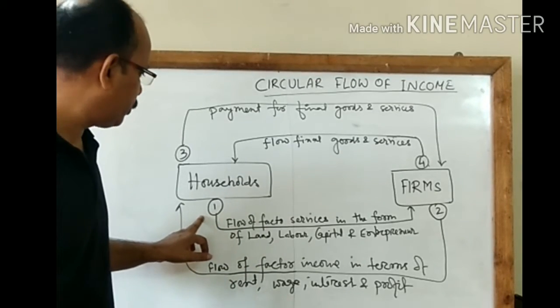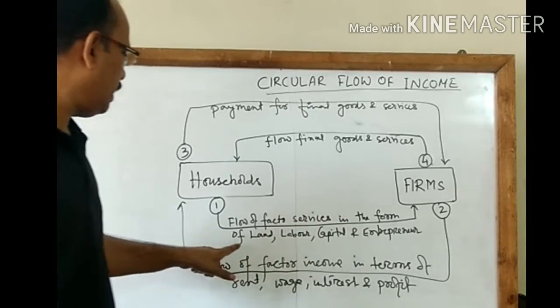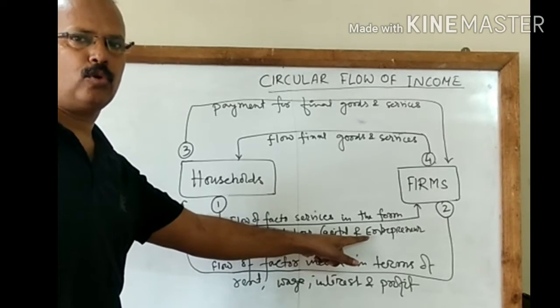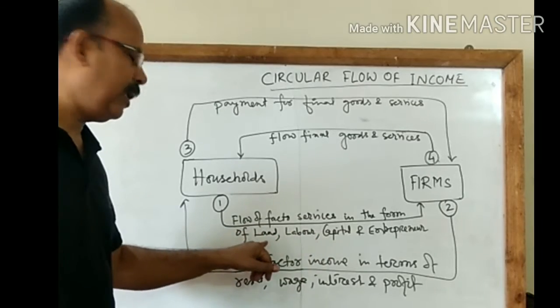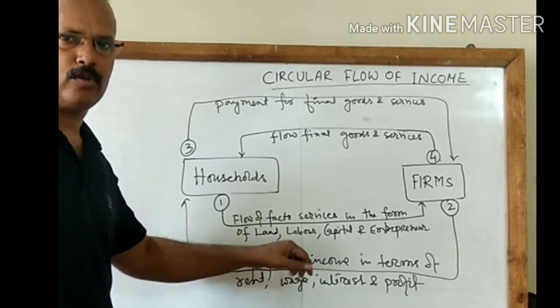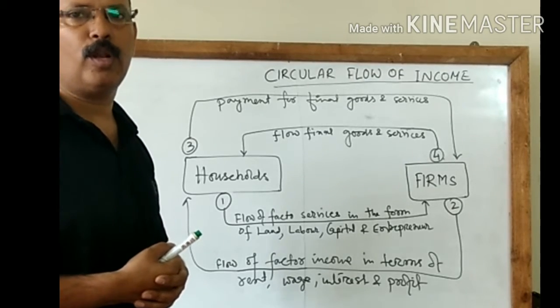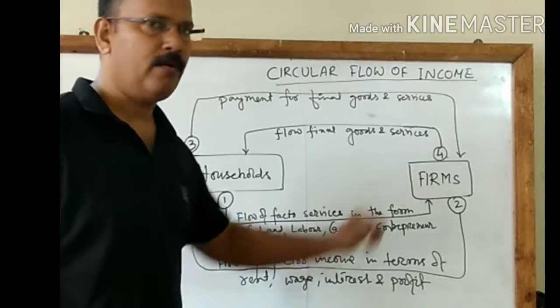flow number one, you see, is the flow of factor services in the form of land, labor, capital and entrepreneur. That is, household is providing all the factor services to the farms. Land belongs to the household, labor belongs to the household, then capital and entrepreneur. All these things belong to the household, and household is providing them to the farms.